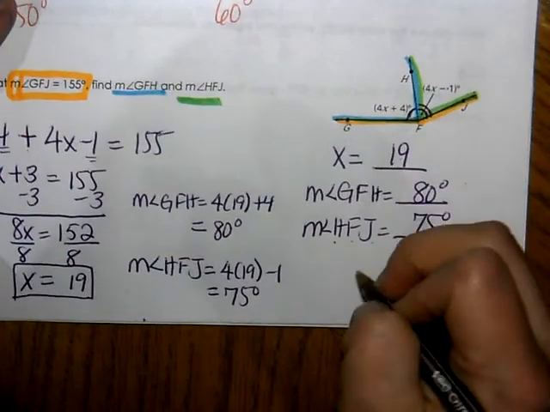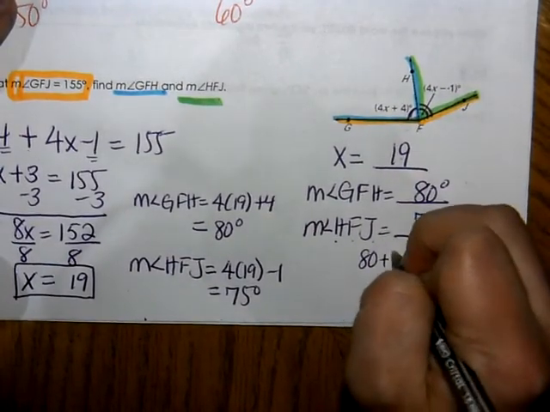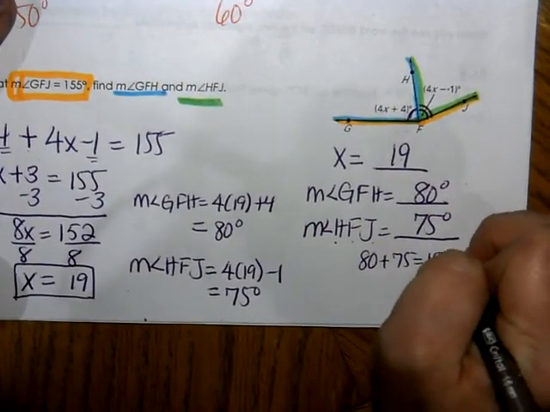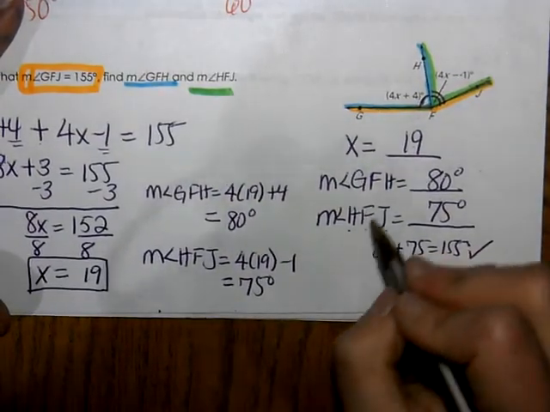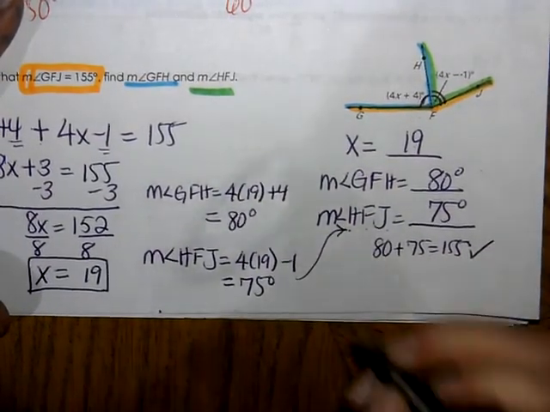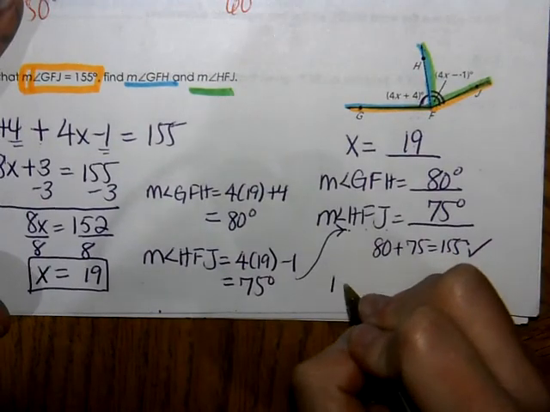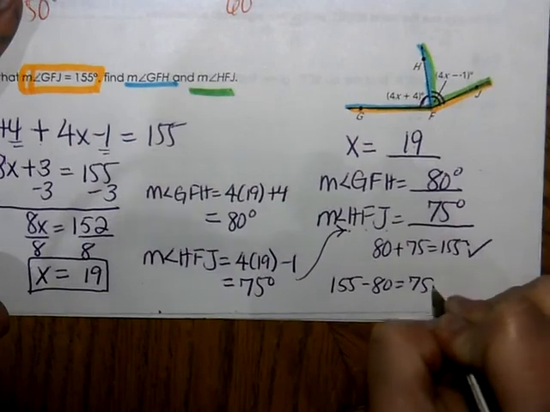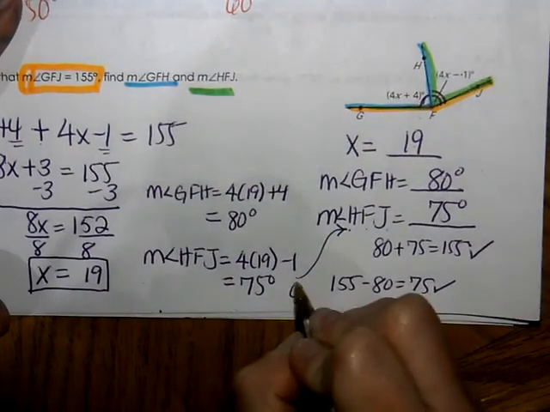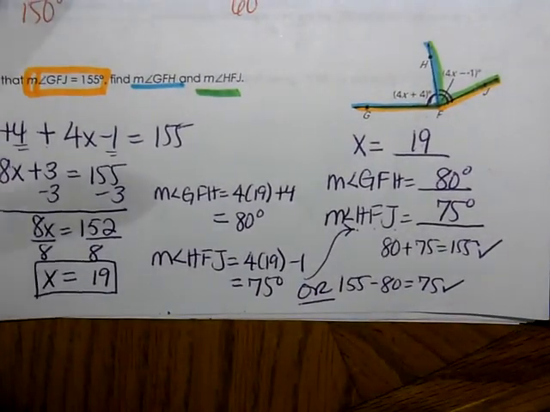Let's see. Is 80 plus 75 equal to 155? Yes, it is. So that is a correct answer. Another way to come up with this answer is to go 155 minus 80, and that would give you 75 as well. Both approaches would still get you the same exact answer.